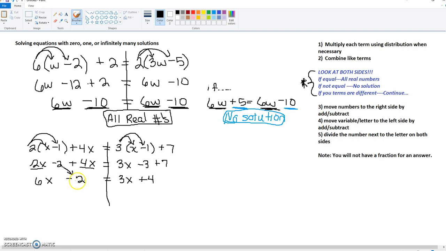Okay, we're going to look at both sides, and as you can see here, there is nothing alike on either side. The numbers in front of our letters are completely different, and our numbers are completely different. So that means we need to keep working it out. In this case, we're going to move our numbers to the right side, and since that's negative, we're going to add 2 to both sides.